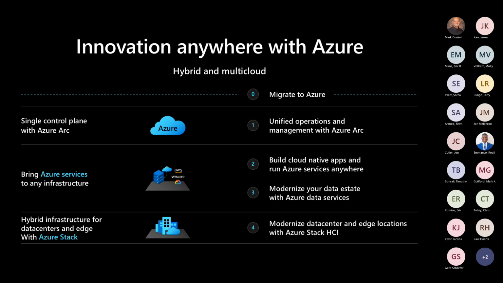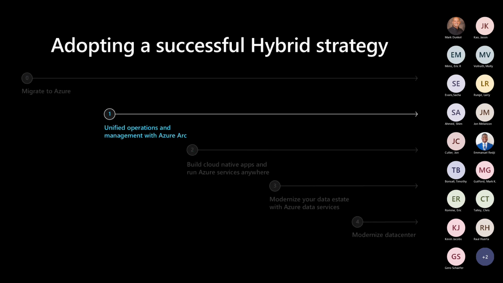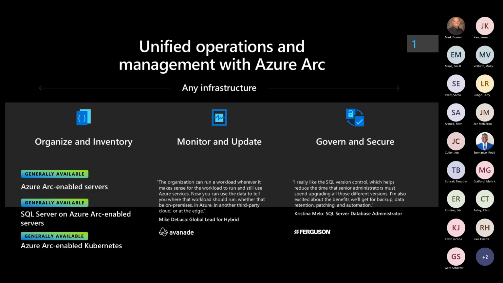So as we go down, we want those unified operations and management with Arc to begin so that you can build those segments on top of that. So we organize your inventory, we get everything into a single unified operations management tool in Azure Arc so that you can monitor, update, and then there are governance pieces and security built on top of this.